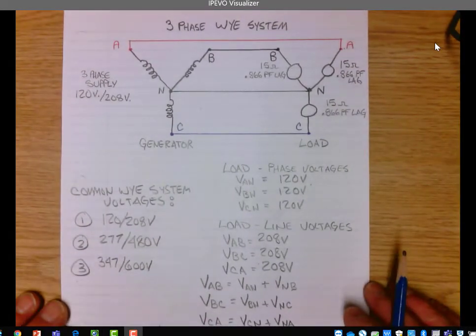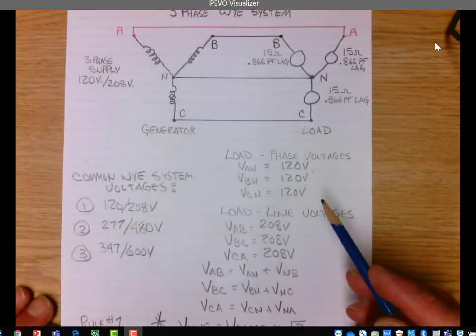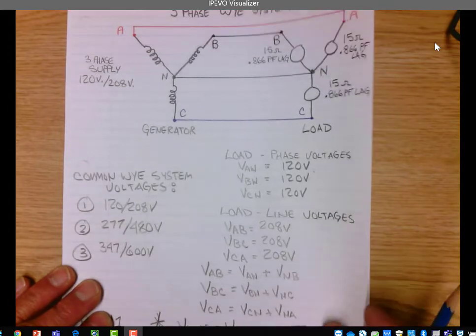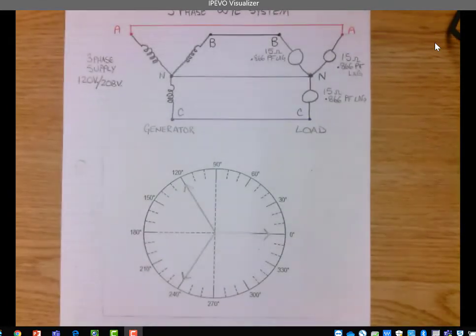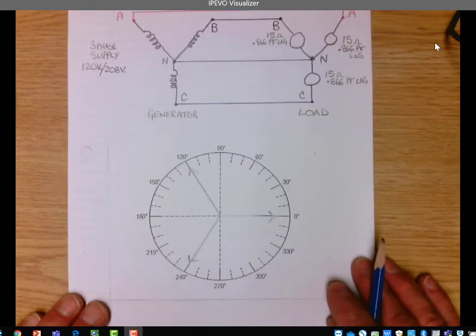Okay, now that we know what the voltages are on a 3-phase system, what the line and phase voltages are, we're going to take a look at where these voltages get put on a phasor diagram.